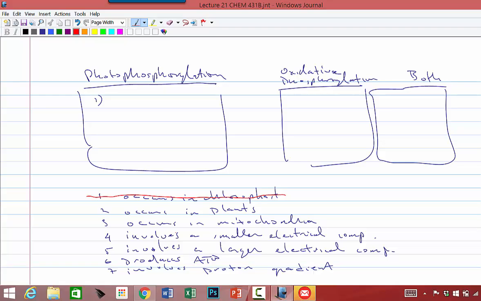Okay, plants have what organelles? They have chloroplasts for sure. What other organelles do they have? Mitochondria. They also have mitochondria, right? So that's the reason why it's going to be both here.